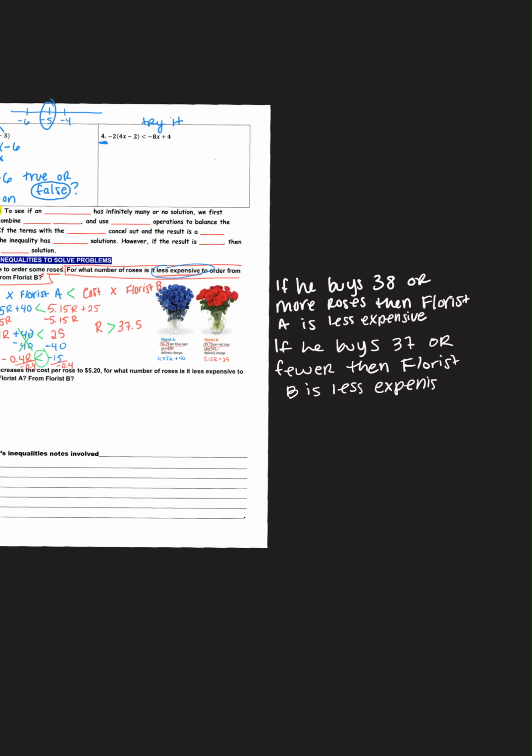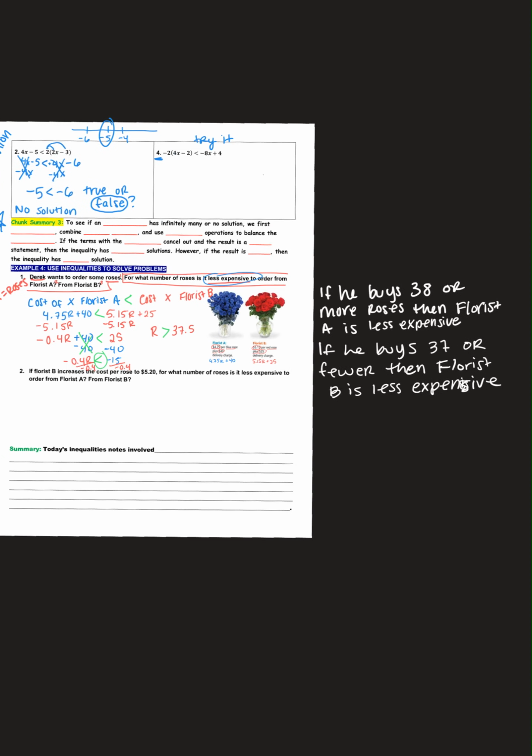And if you get confused on which one, if you lose track of which company you were talking about, we set this up in terms of florist A, right? Our word problem says, for which number of roses is it less expensive to order from florist A?